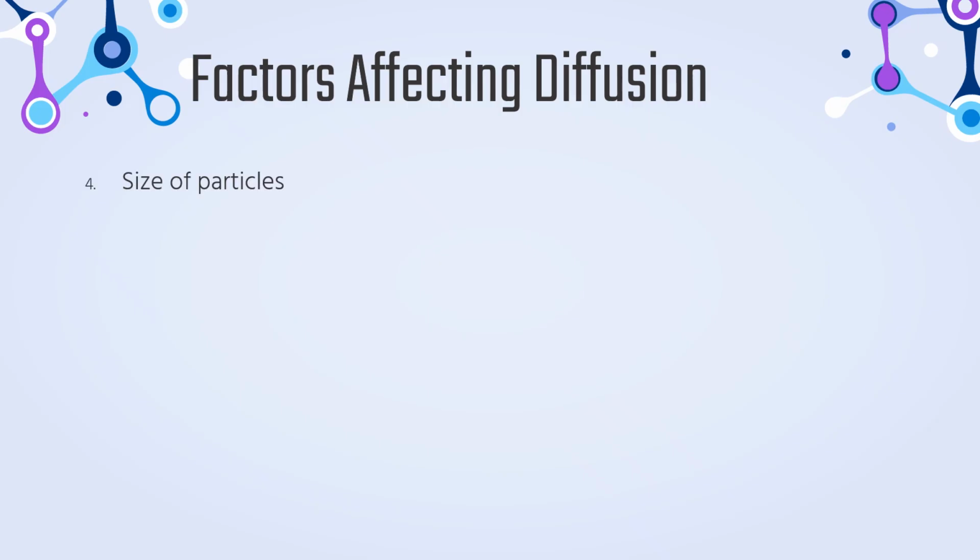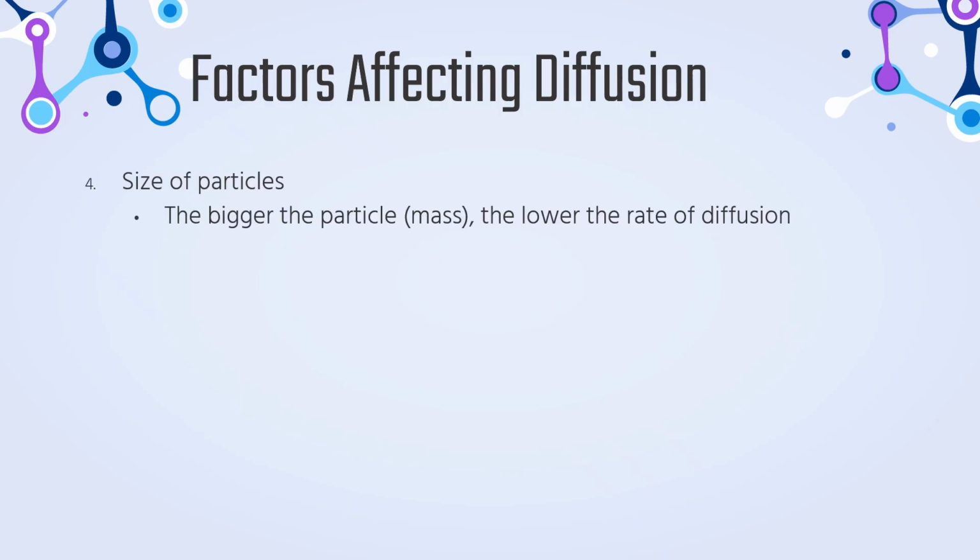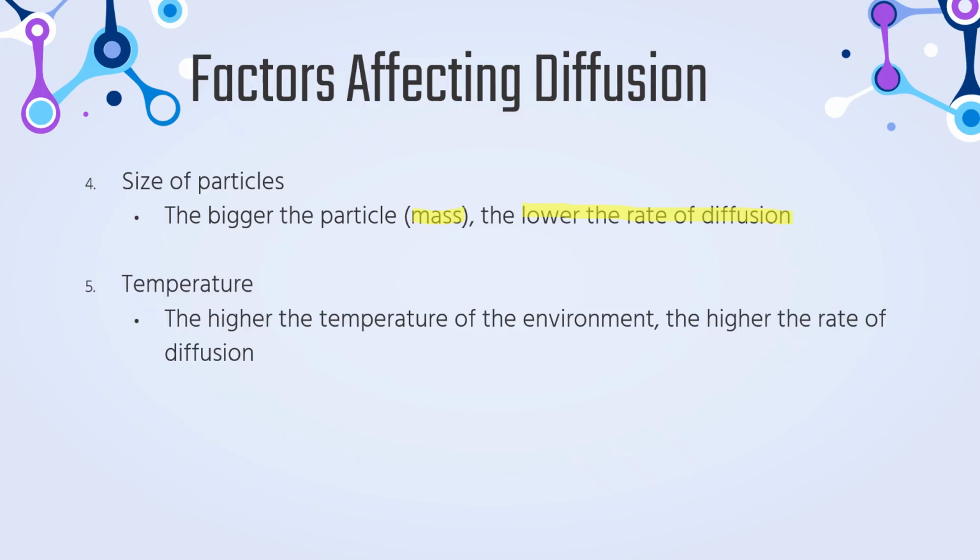The size of the particles matters as well. The bigger the particle, which means the heavier the particle, of course they move slower, so the lower the rate of diffusion. Temperature is the fifth factor. The higher the temperature, the higher the rate of diffusion.